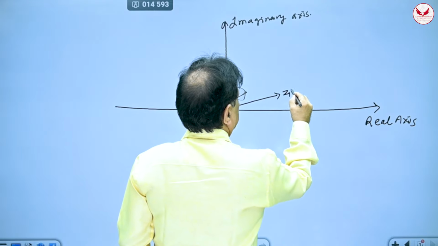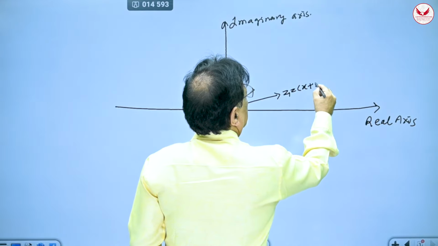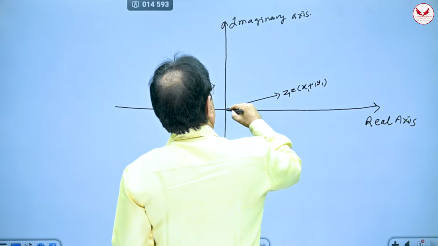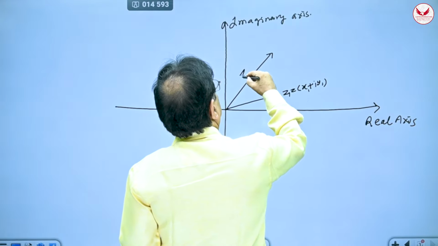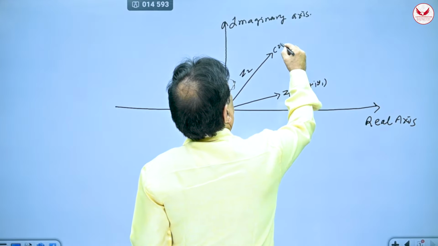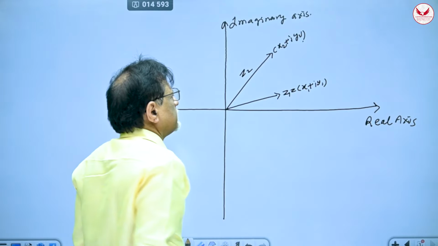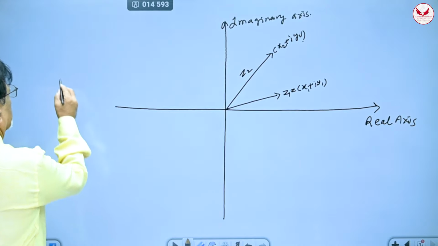One is z1, which is given by x1 plus iy1. There is another complex number z2, which is x2 plus iy2. Correct?